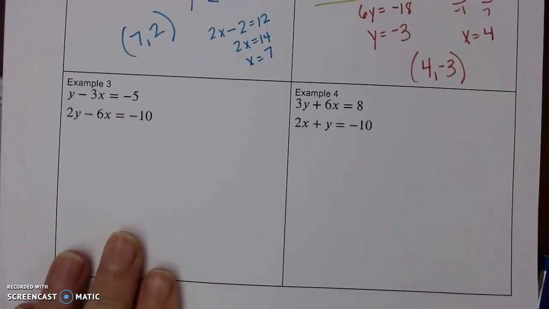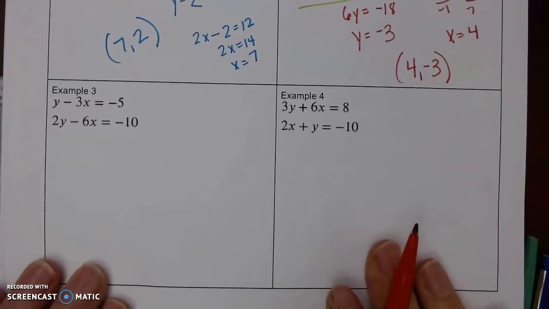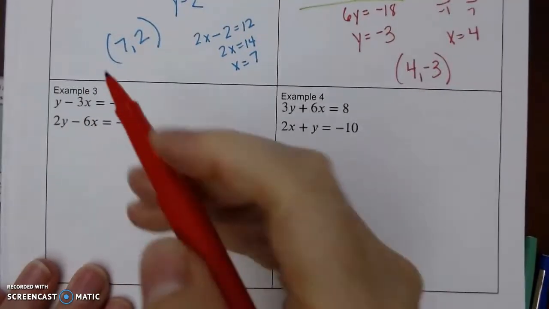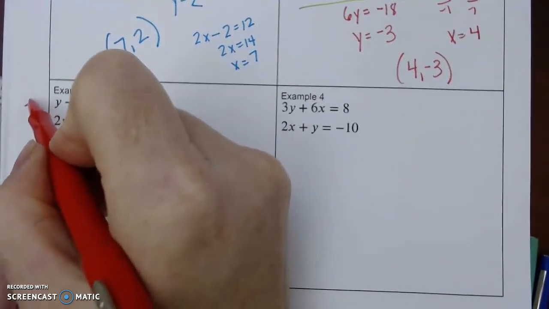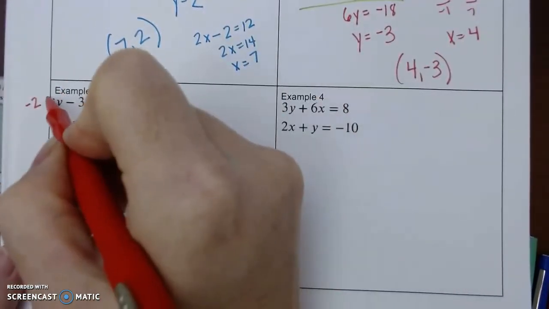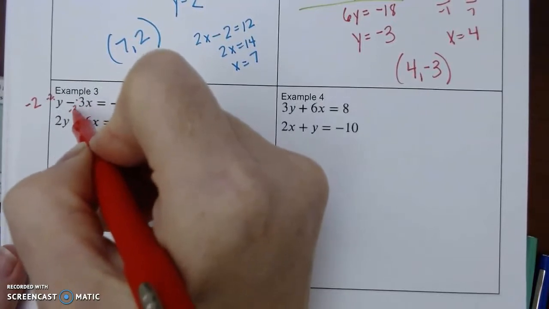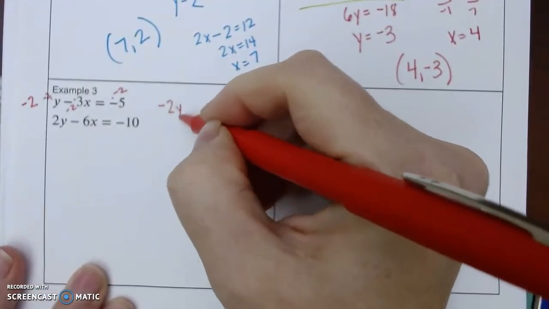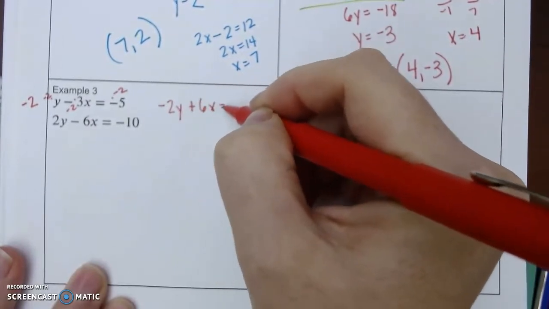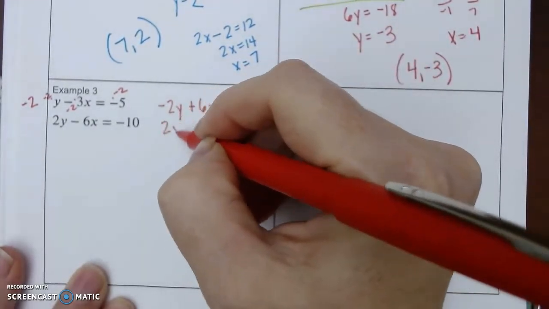All right, let's look at example 3. Same idea, pick x or y. I'll pick y. If I have 2, I can make that a negative 2, and that's what we'll multiply by. So we get negative 2y plus 6x equals 10. I don't want to change the bottom.